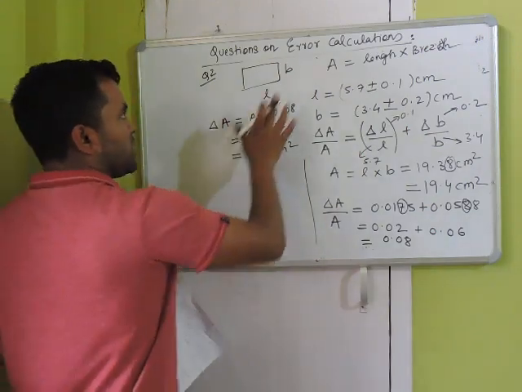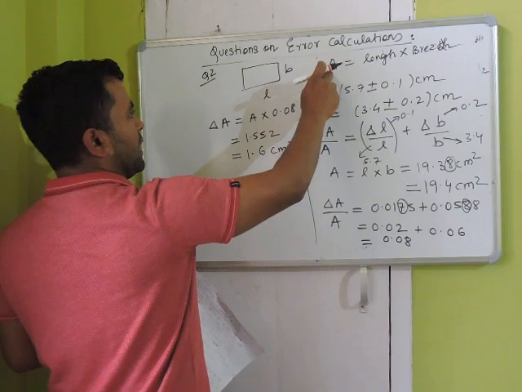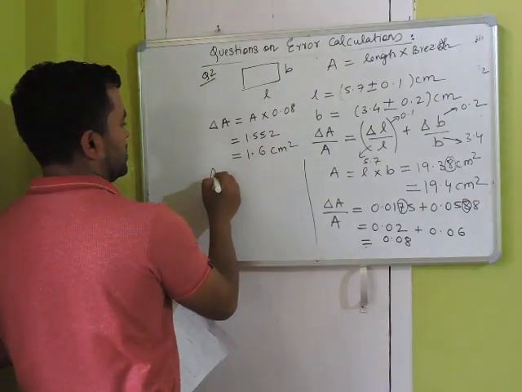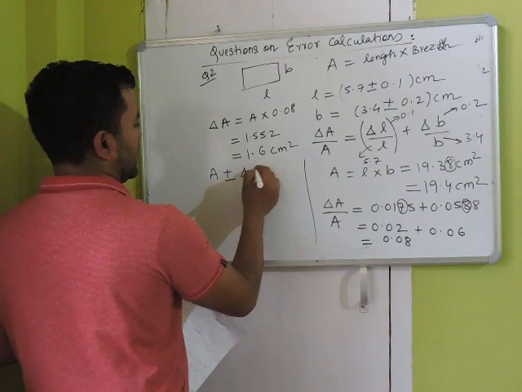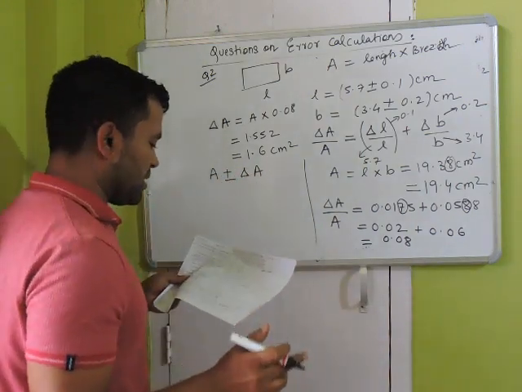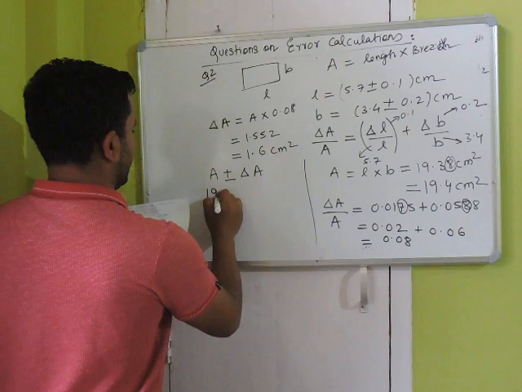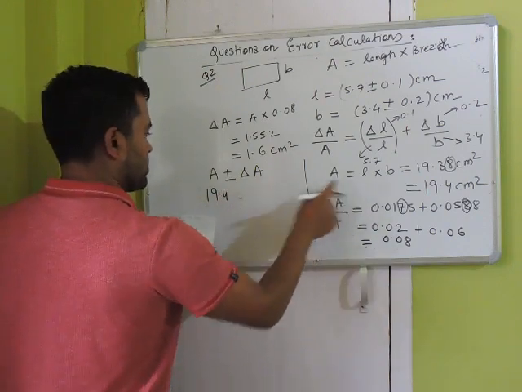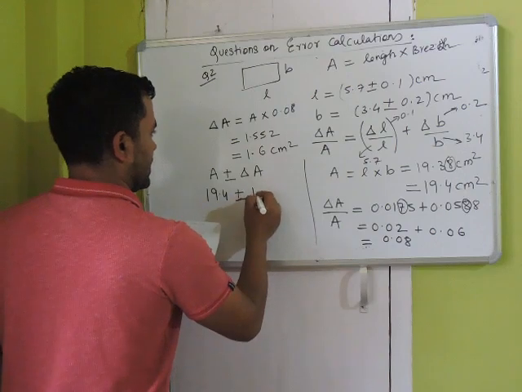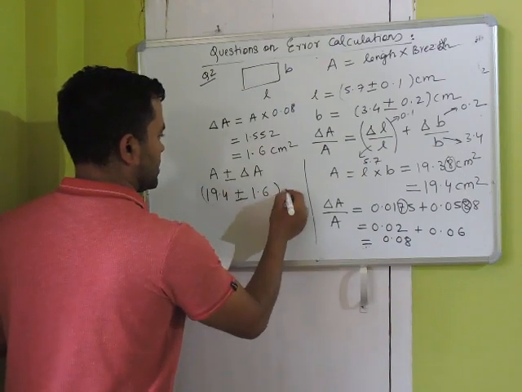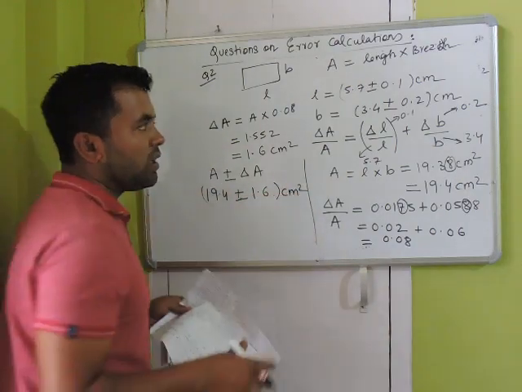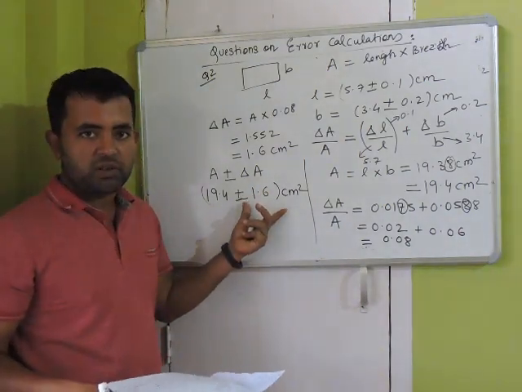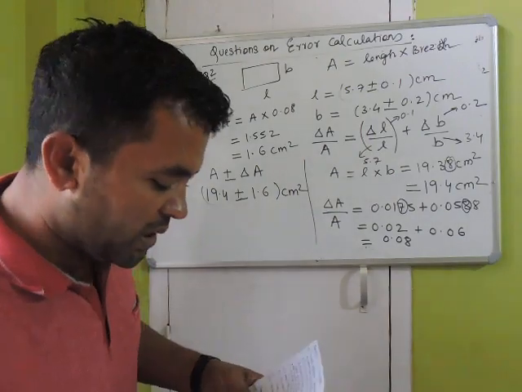So this is the area error. So area you can write as A plus minus delta A. The representation of the result will be 19.4 centimeter square plus minus the error 1.6 centimeters square. So this is the area of the rectangle with proper error representation, the error limit.